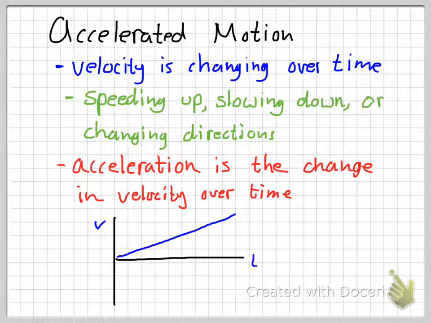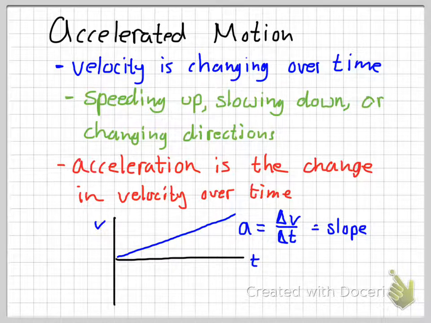So if you have a velocity versus time graph, that means the acceleration is the slope: change in velocity over change in time. So the velocity is the slope of a position graph. The acceleration is the slope of a velocity graph.